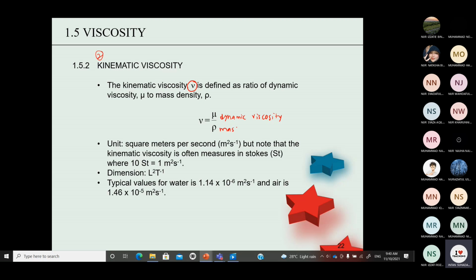The unit is meter squared per second, and it is often measured also in Stoke. So this is the typical value of kinematic viscosity for water and for air.